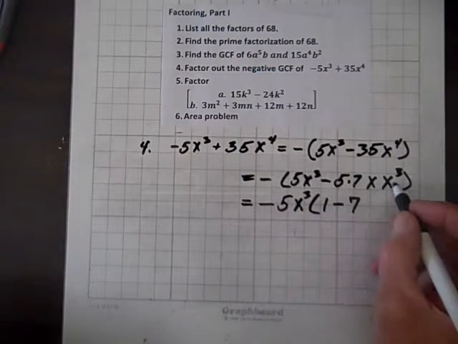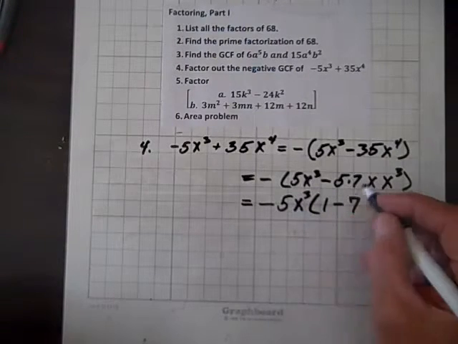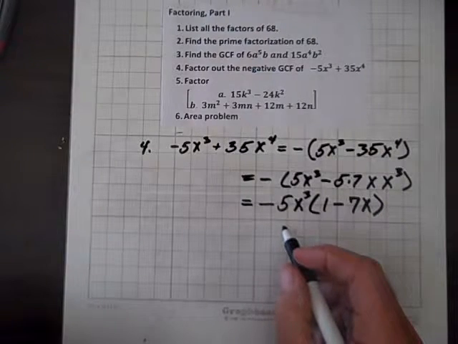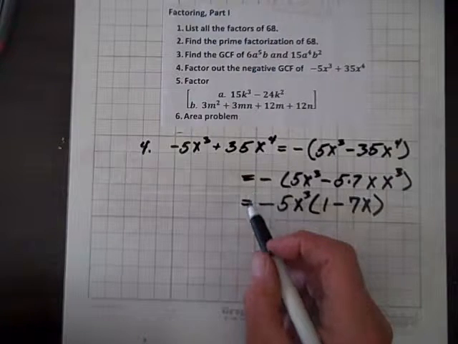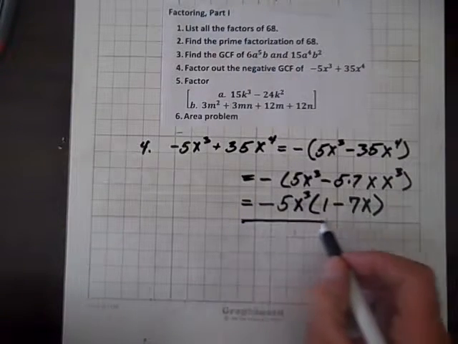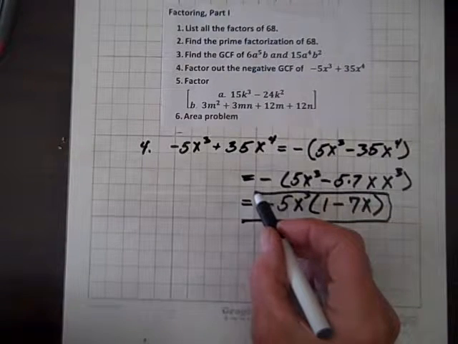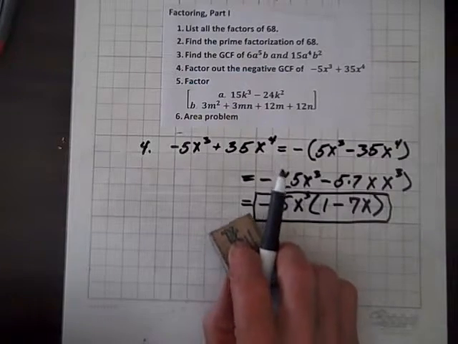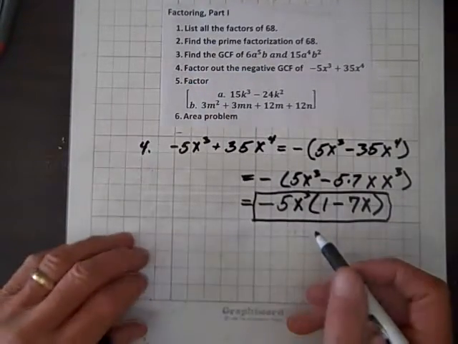Also, we factored the x cubed out, but the remaining x is unaccounted for out here, so it remains. And now we've satisfied the criteria. We've factored a negative greatest common factor out of negative 5x cubed plus 35x to the fourth, and we're done.